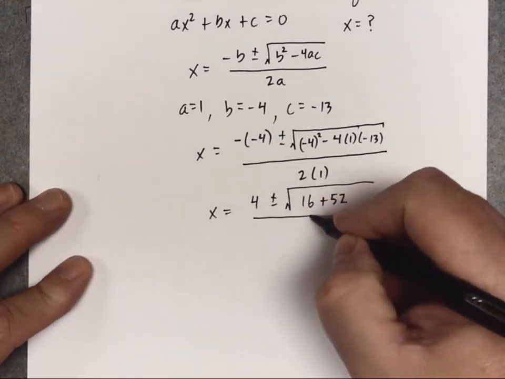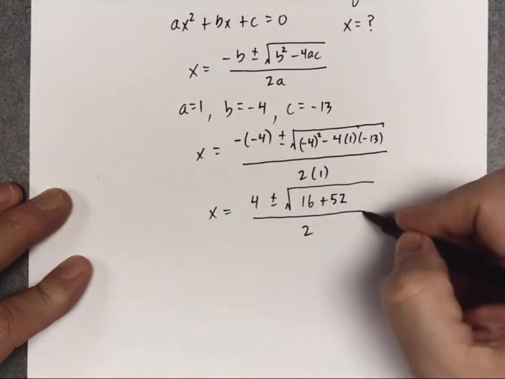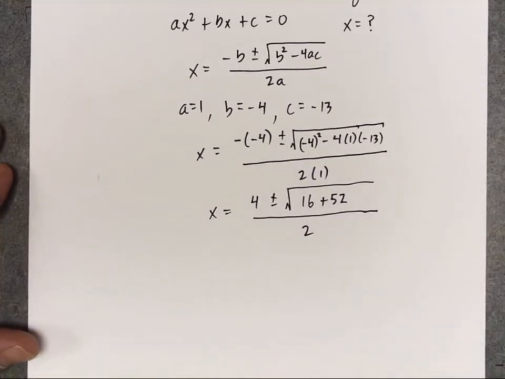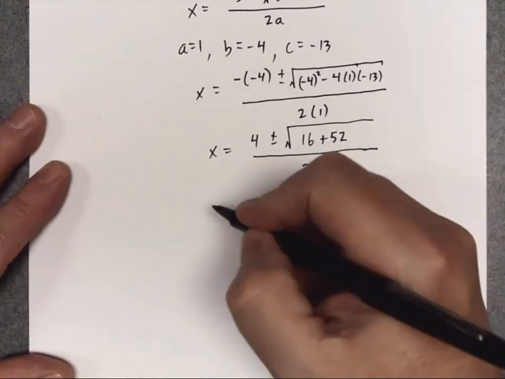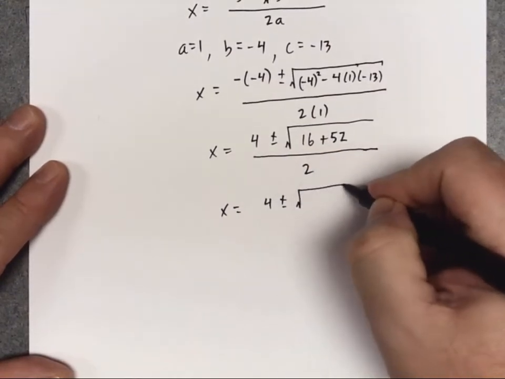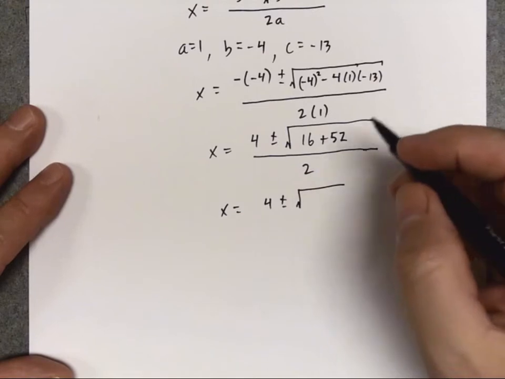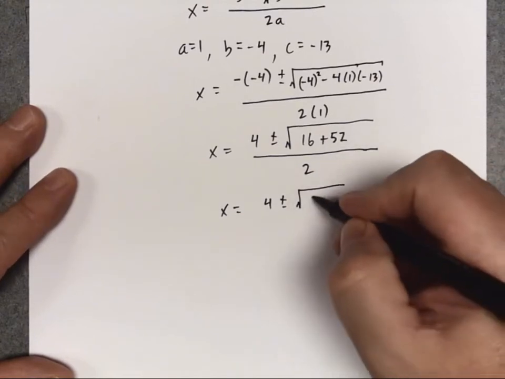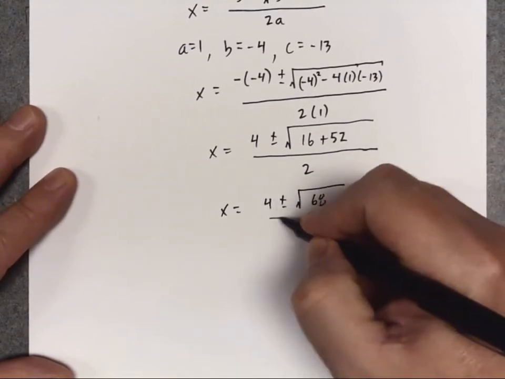And then all this is over 2. All right, let's keep going. So 16 plus 52 is 68.